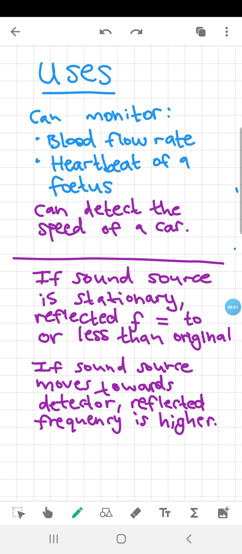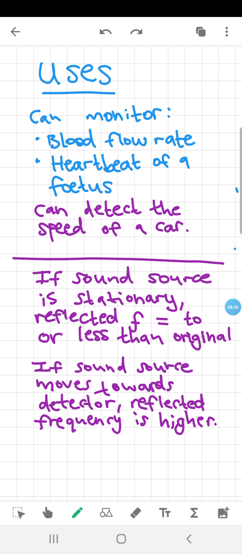But as it's reflecting the sound back to the sound source, the blood cell is moving further away. So the sound that it's going to reflect back to the sound source is going to be lower than the initial frequency. So I really hope that makes sense, but please try and understand that.